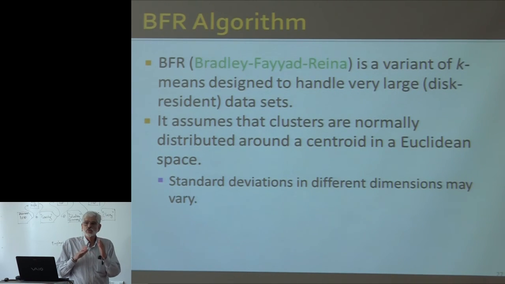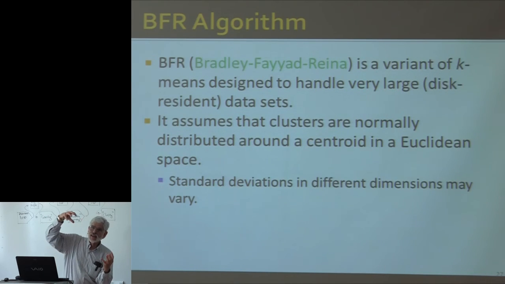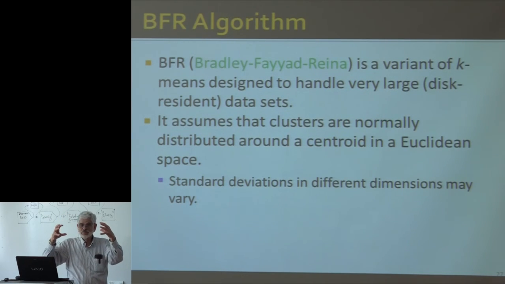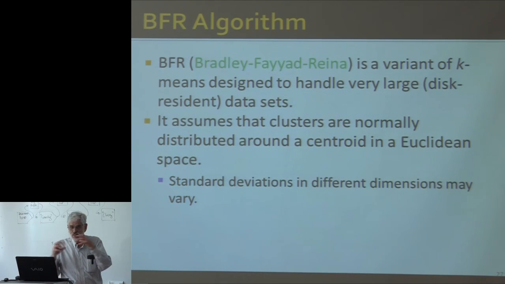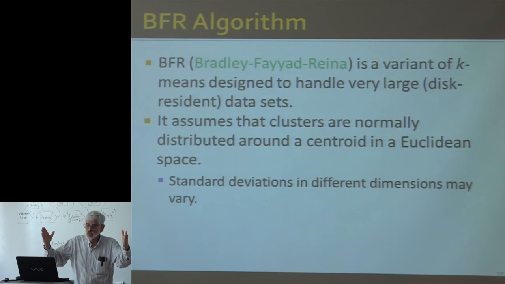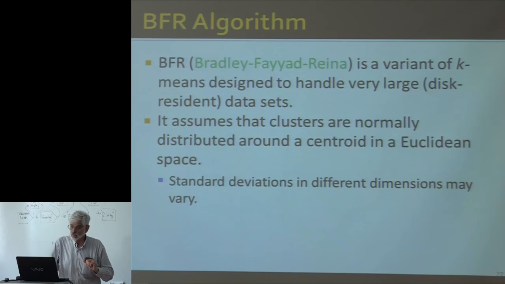There's no correlation between the dimensions. That is, the clusters look sort of like ellipsoids, but not at an angle. They're rectilinear. Their long dimensions are along the axes. Okay, they're not necessarily spheres, but their axes are along the dimensions.